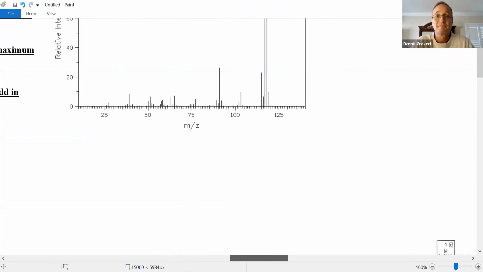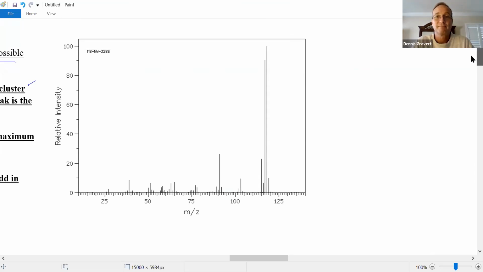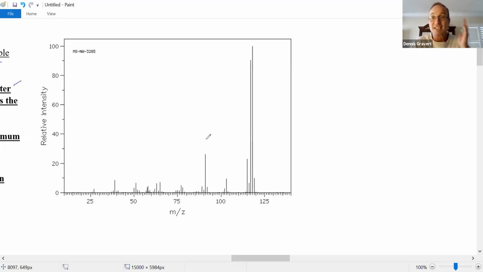All right, let's try that. So, what's this molecule? I don't know. Let's try and find some possible structures for it. Now, with one piece of data, one mass spectrum, unless you have access to a mass spectrum library, you're not going to be able to identify it. Even if you had the library, you still need more data to conclusively identify a molecule.